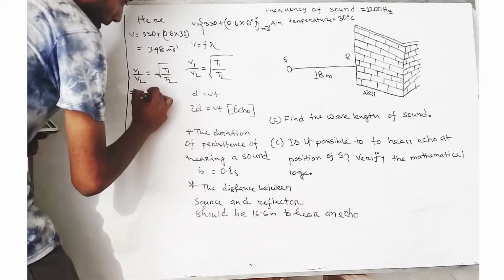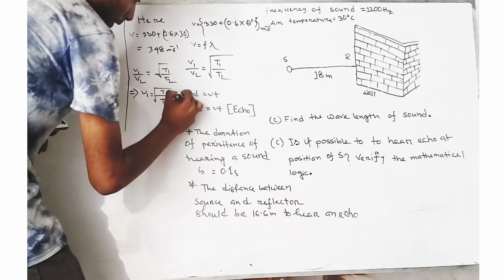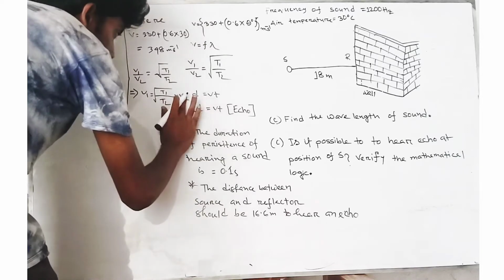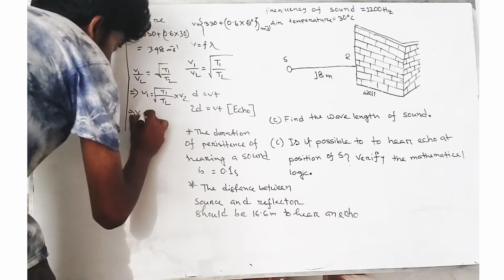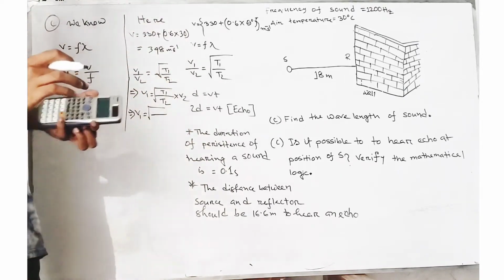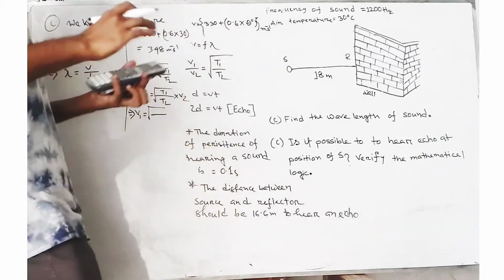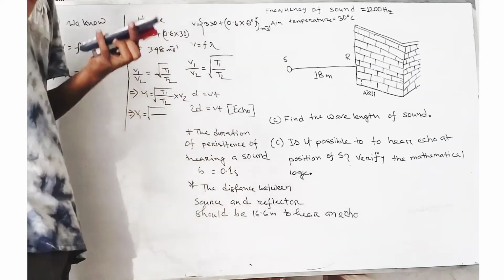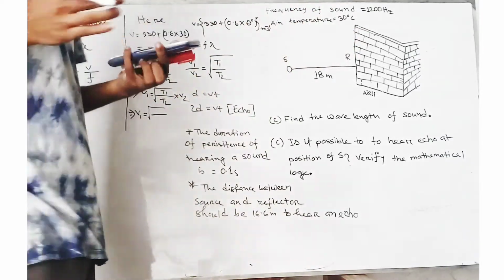We can also use V1 by V2 equal to root over T1 by T2. That means V1 equal to root over T1 by T2 into V2. You have to convert the temperature given in the question, 30 degrees Celsius, into the Kelvin scale. If we add 273 to the temperature, it is converted into Kelvin.